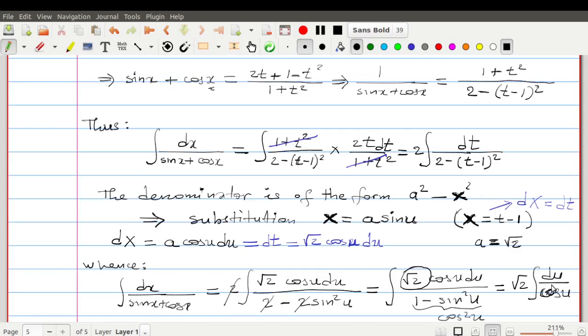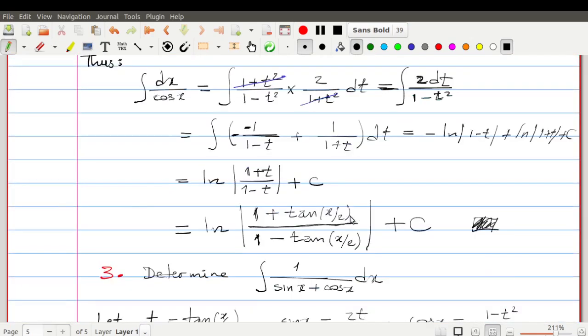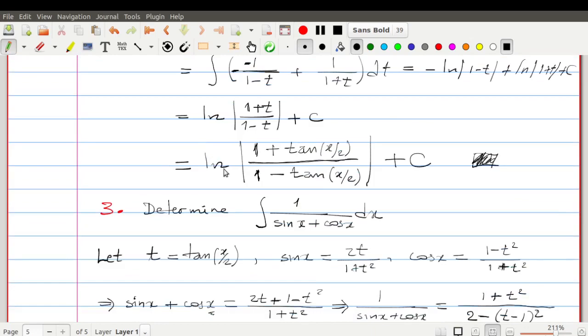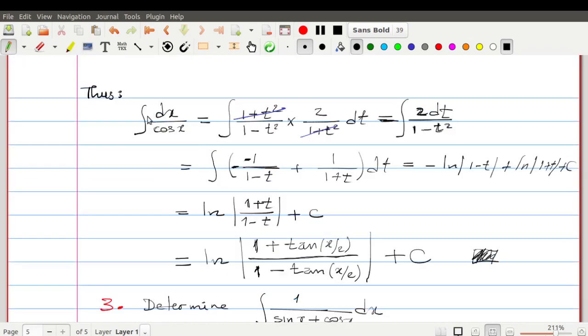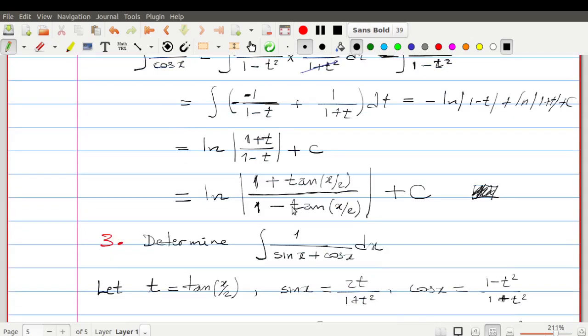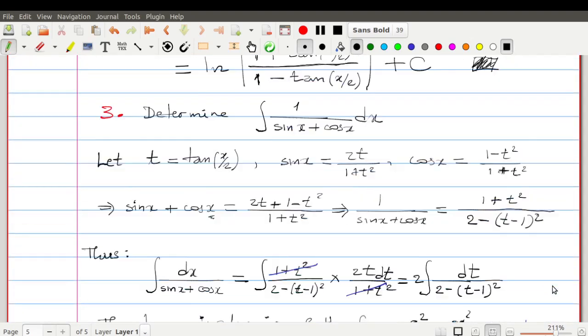Du by cosine u. But we computed this previously. This one, du by cosine u, is this one, right? So we know already the expression of that in terms of x, so we replace x with u. Wherever we see x, we replace it with u. We ended up here, so we will just copy this and change x into u.